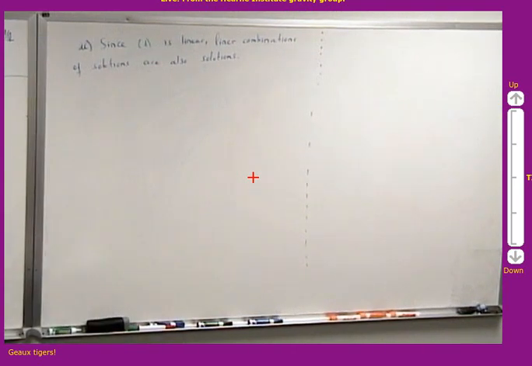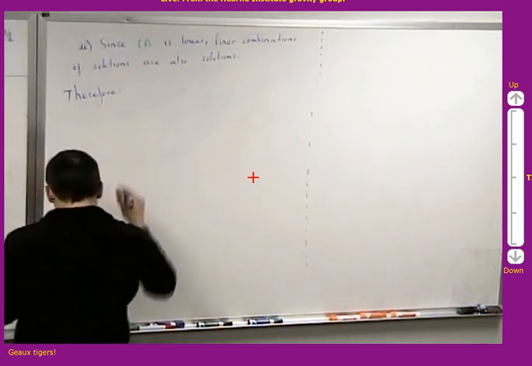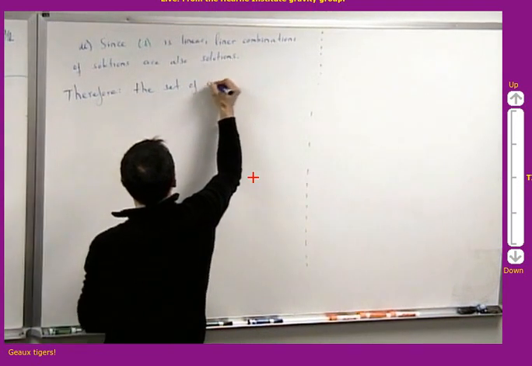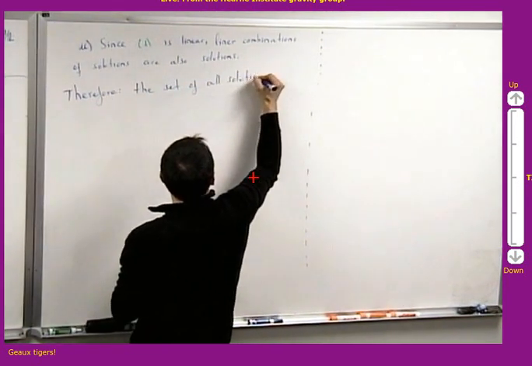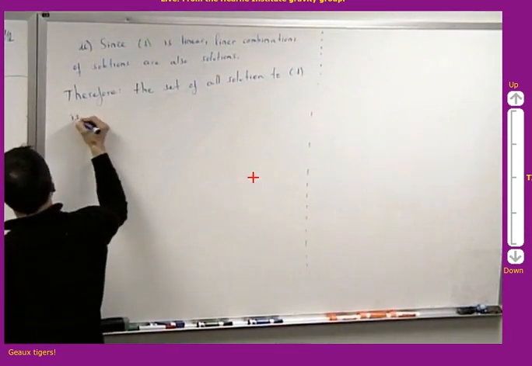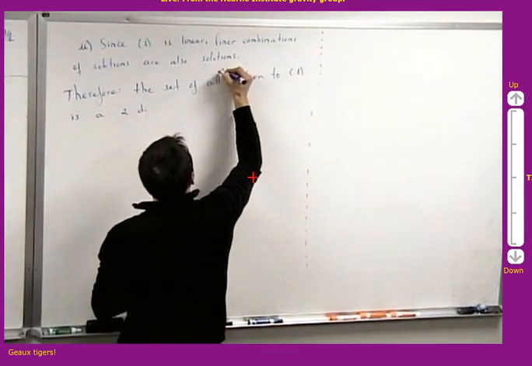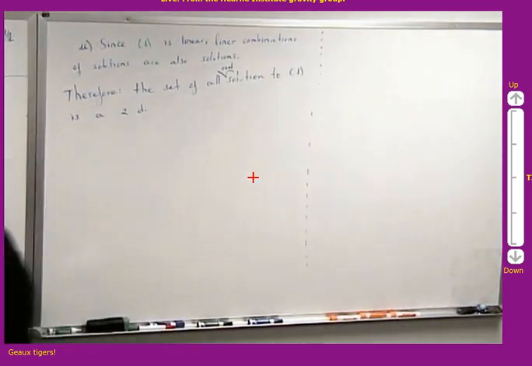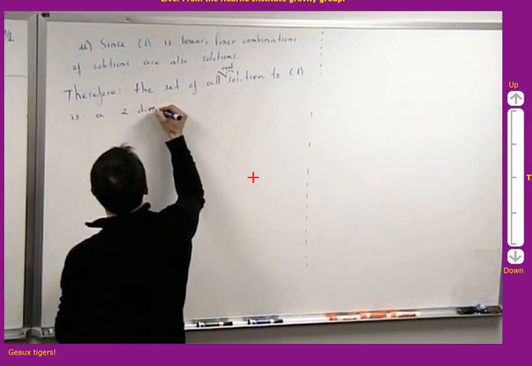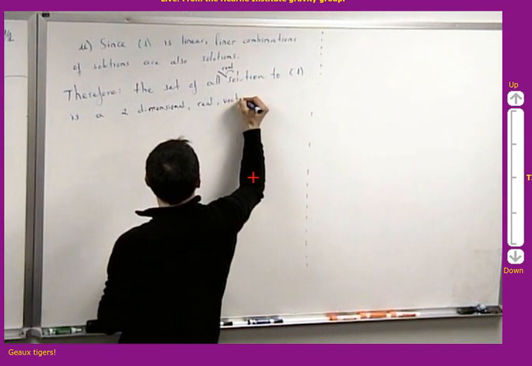These two properties allow us to say that the set of all solutions to equation 1, so the space of all real solutions, because we are talking about a real harmonic oscillator, is a two-dimensional real vector space.